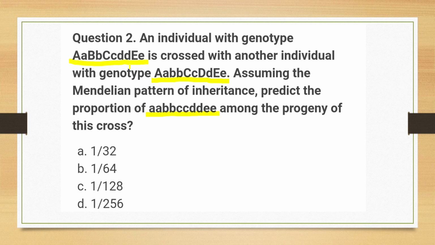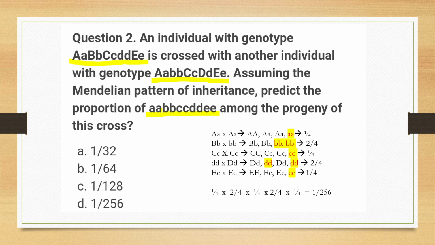For answering this kind of question, you have to cross each gene of the two individuals and find out the required genotype proportion, and then you have to multiply all the required genotype proportions to get the actual answer. So see here, capital A small a is crossed with capital A small a, and your required one is small a.